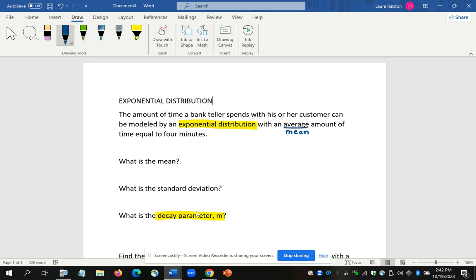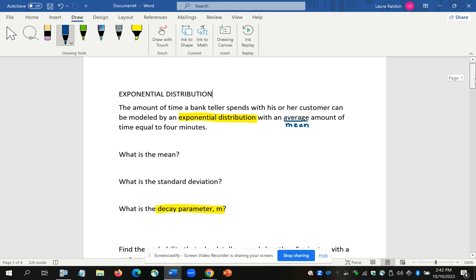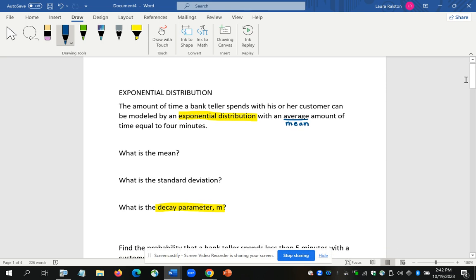And so there are some preliminary questions that I need to answer before I can actually work through some of these problems. And it says, first of all, what is the mean? Well, it tells me in the story that the mean is 4 minutes. And again, that's given to us in the story.